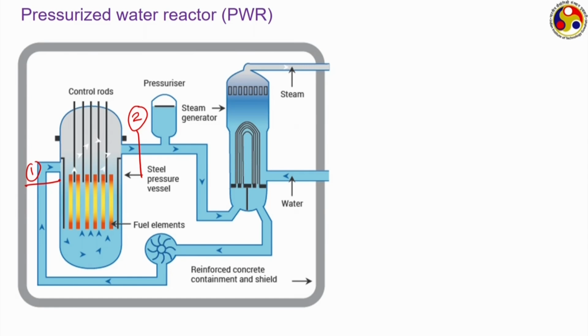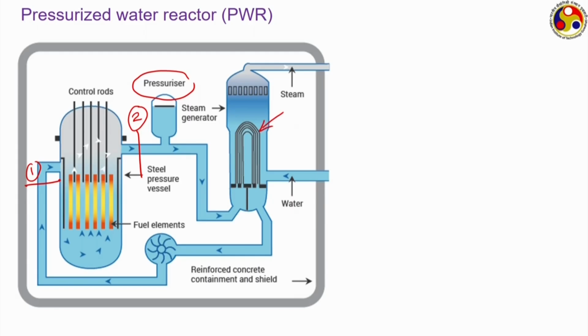Now, the component which ensures this liquid status is the pressurizer. We shall be talking about the pressurizer afterwards, but this liquid water is then allowed to come to a steam generator. Inside the steam generator, this high temperature liquid water travels through heat exchanging pins or heat exchanging arrays.